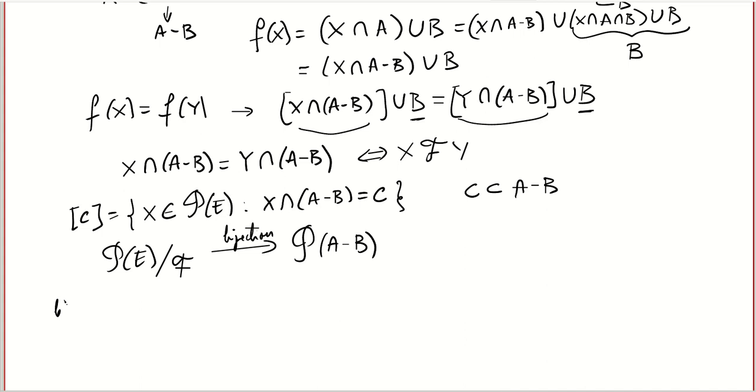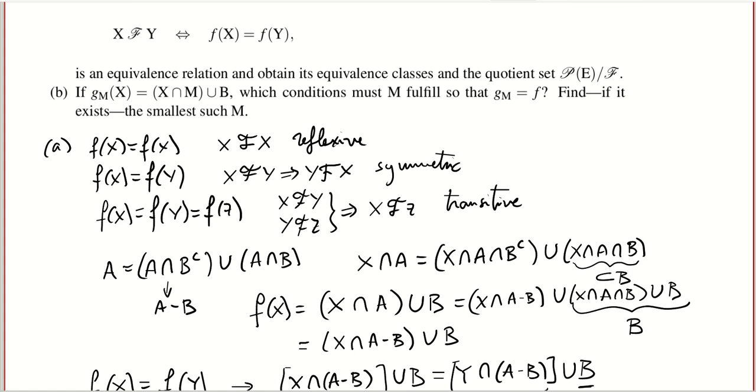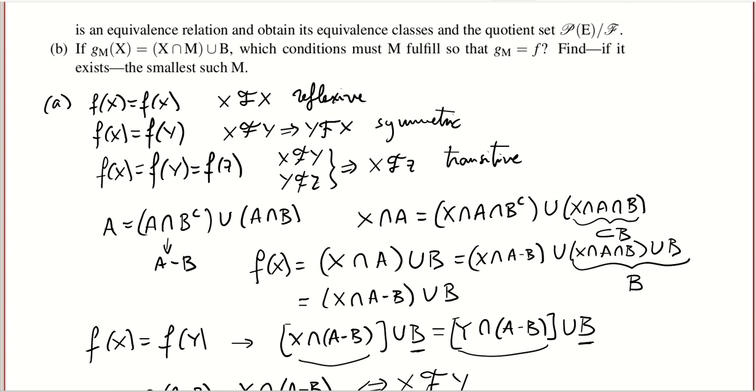Now let's go for the B, right? So let's go back and read what B is. For B, what we have now is a different function, g_M, which is defined on any set X pretty much as the other one, only that M now is different, so we can pick different M's here.